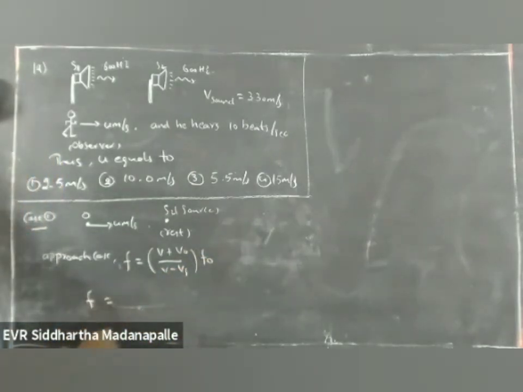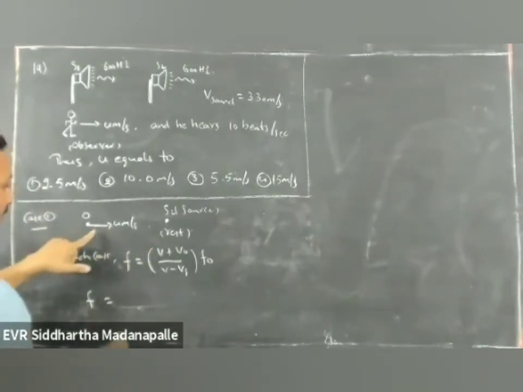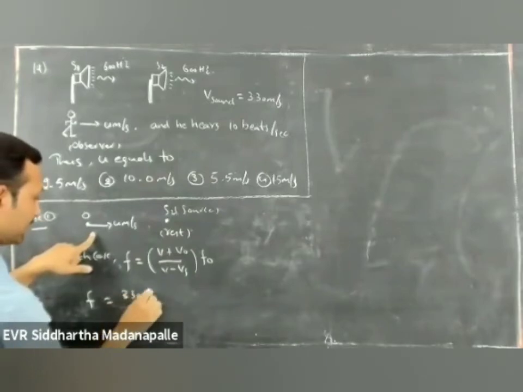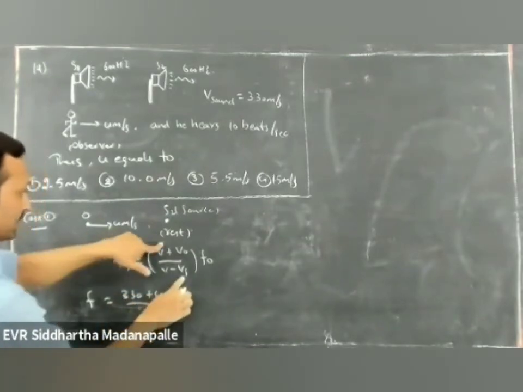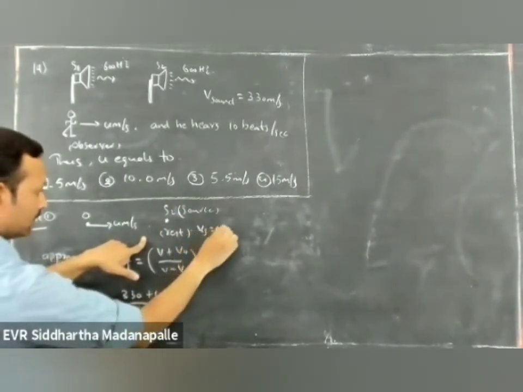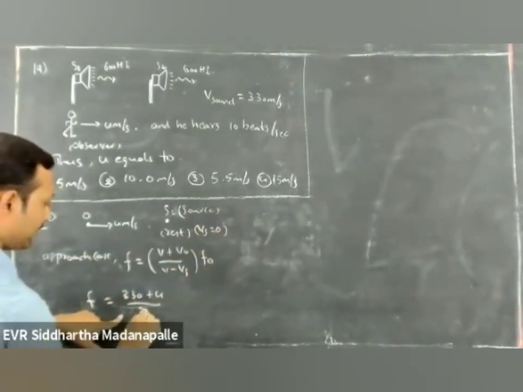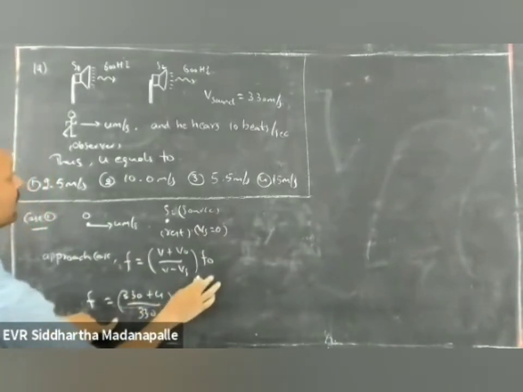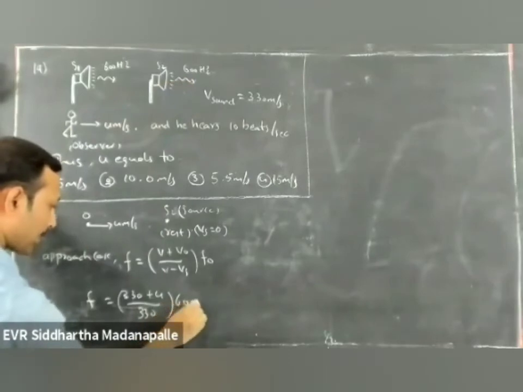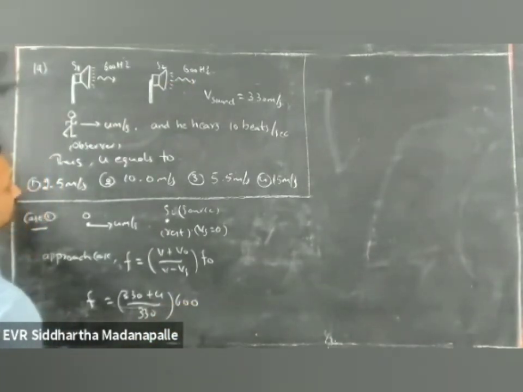So F is equal to (330 plus u) by (Vs is equal to 0), so V by 330 into F naught, where F naught is equal to 600. Clear?